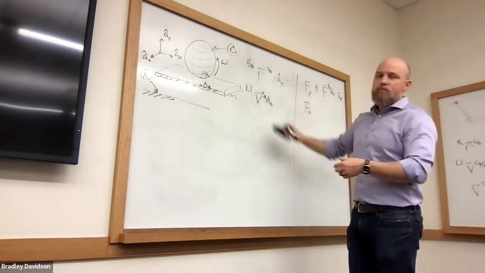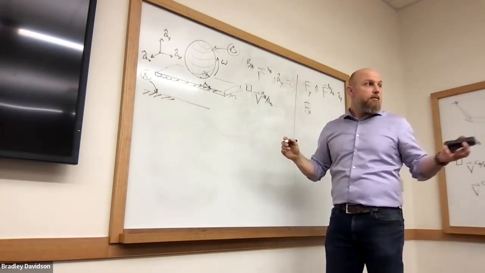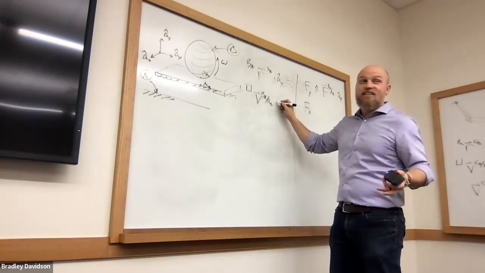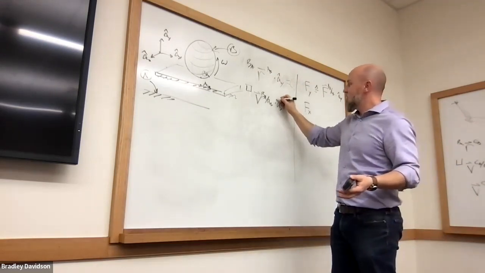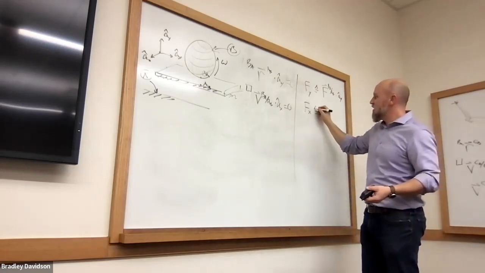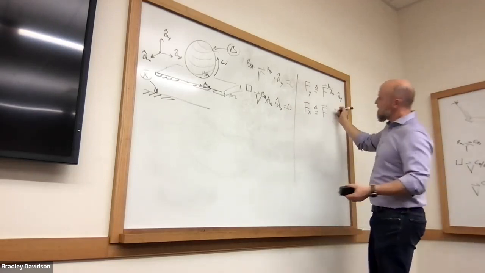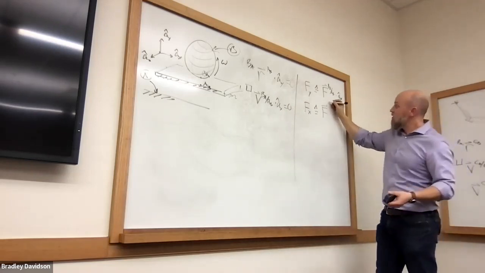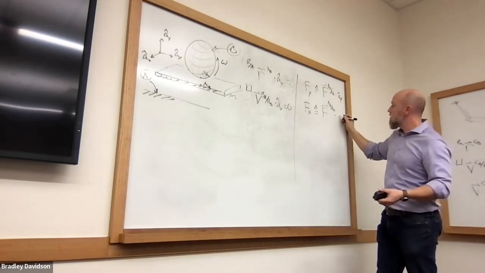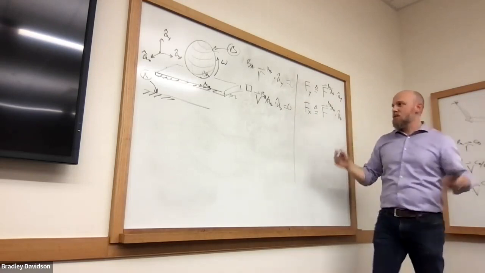You start with AX, it's equal to the force of B sub A from A sub B dotted with A sub X. This doesn't have to be complicated. That's it.